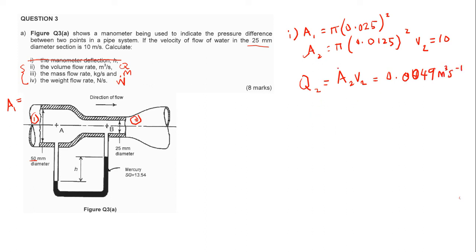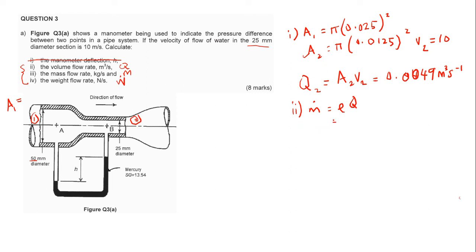Okay, that's one. And number two, the mass flow rate. What's the equation for mass flow rate? Rho Q. And the rho is for water, 1000.